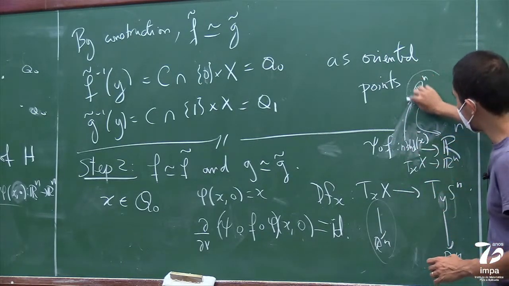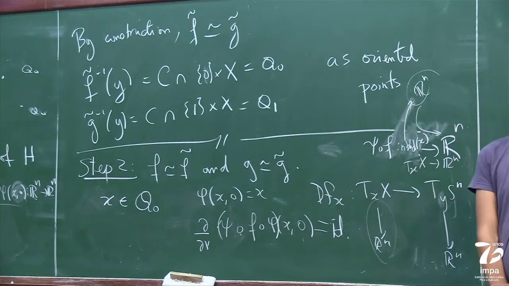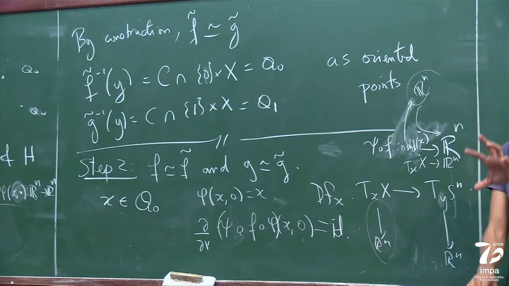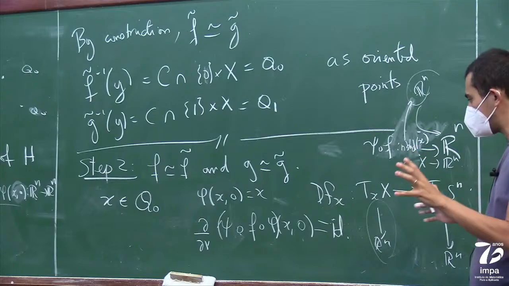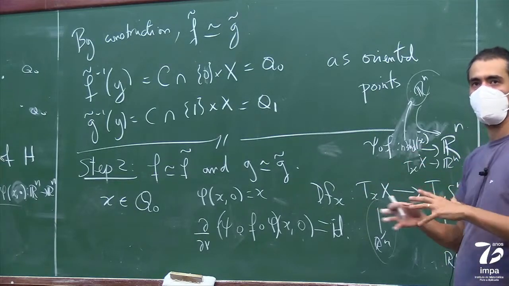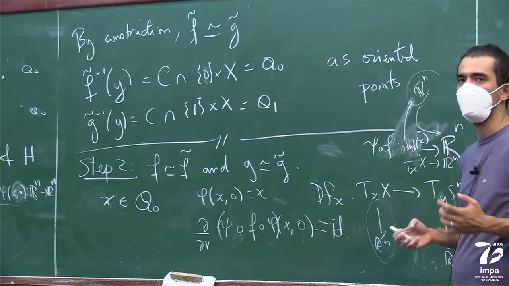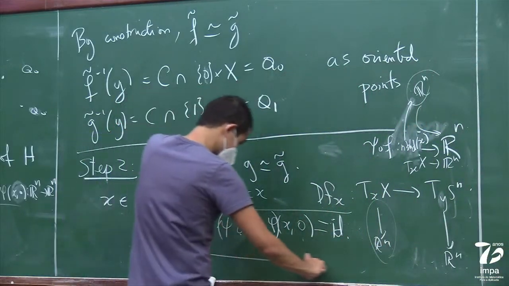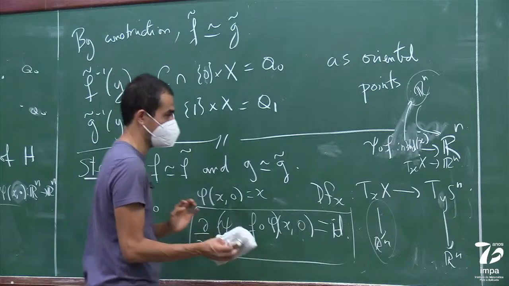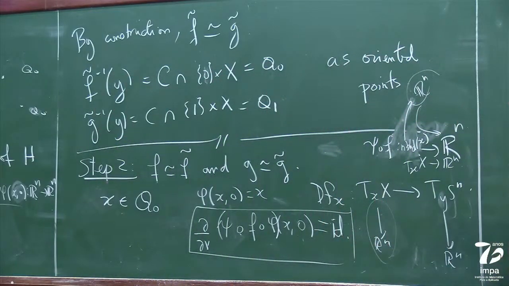If you want, you can think of this as an embedding of Rn into this neighborhood. That's the same as choosing a basis. You choose it for one point, and then by the inverse function theorem, you can assume it's the identity locally. But I actually only need this assumption right here to say what I want to say.